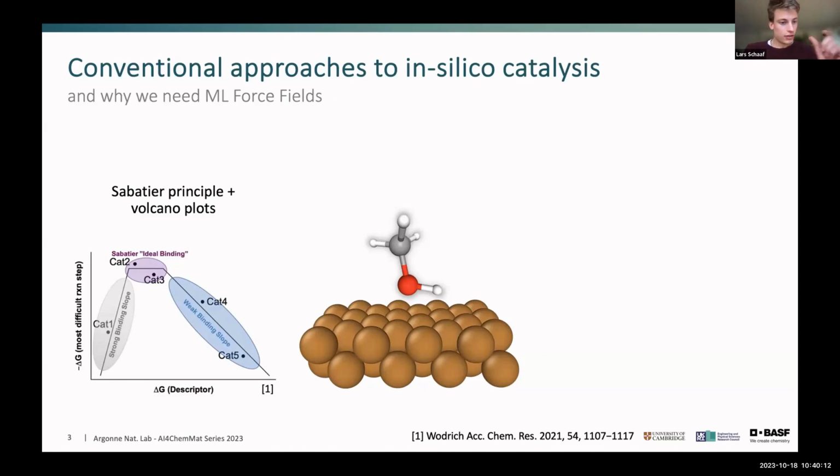So the idea is that there's this sweet spot where the absorption energy is perfect for a given catalytic reaction. And so how does that help us understand catalytic mechanisms, or help find new catalysts?